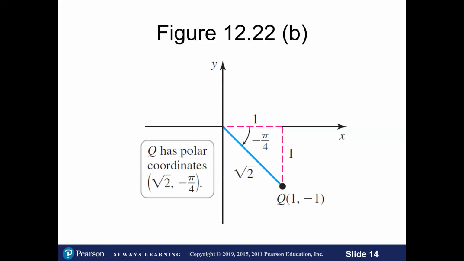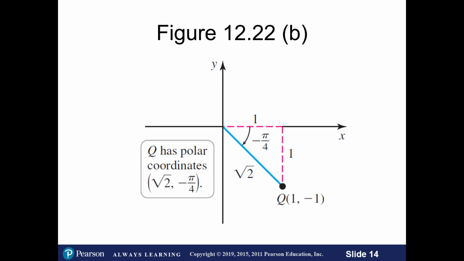Our tangent of theta is y over x, and we have r squared equals x squared plus y squared.